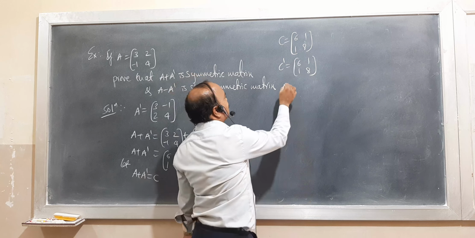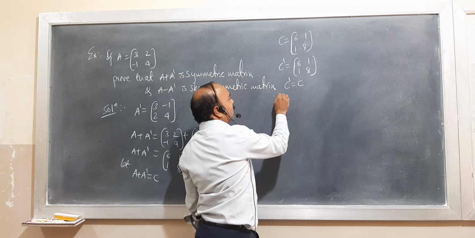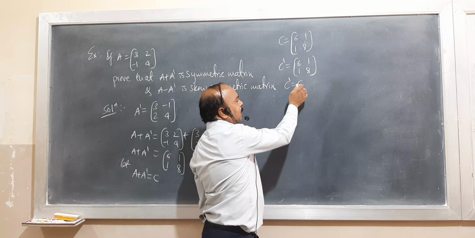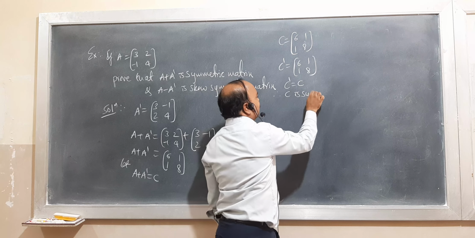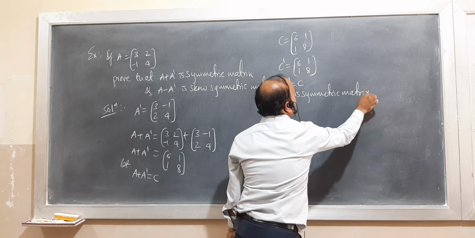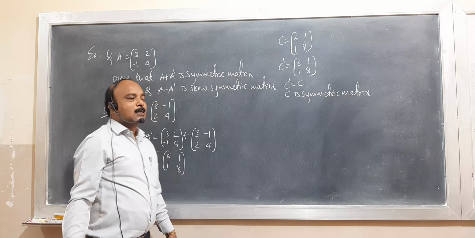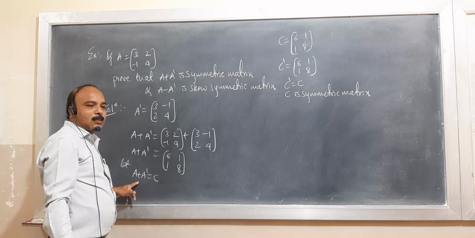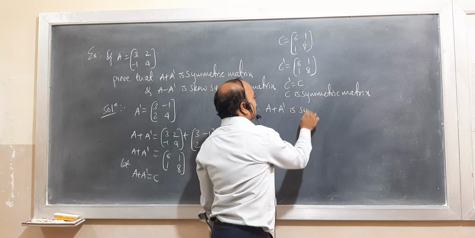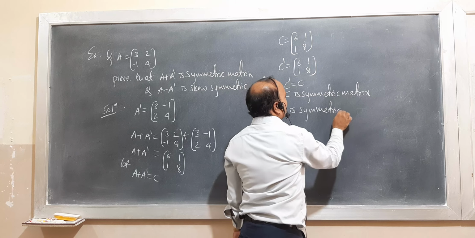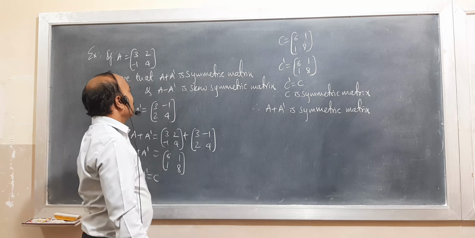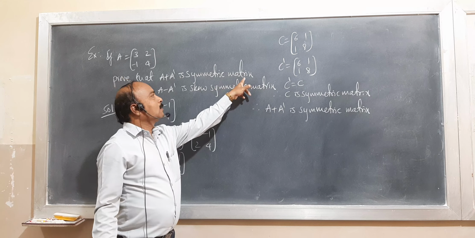Now meaning of this is we got C dash equal to C. Therefore, if C dash equal to C, it is nothing but C is symmetric matrix. But what is C here? C we considered as A plus A dash. Therefore, meaning of this is A plus A dash is symmetric matrix. It is proof of the first result.